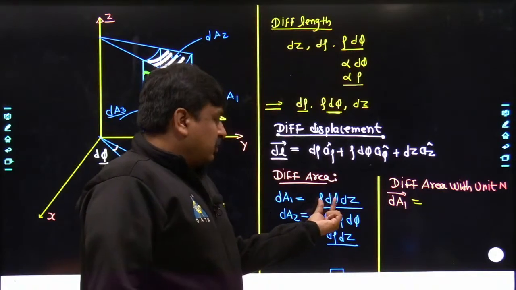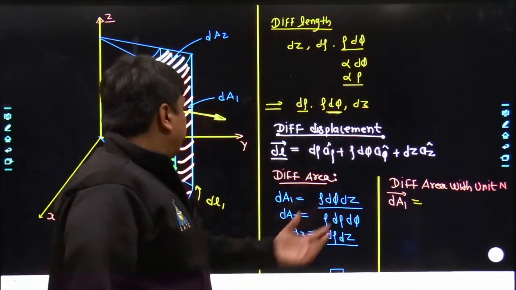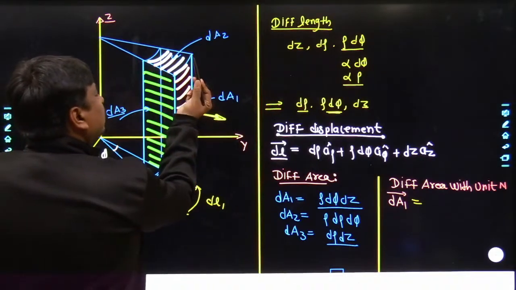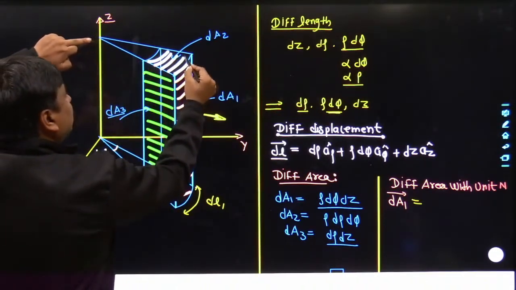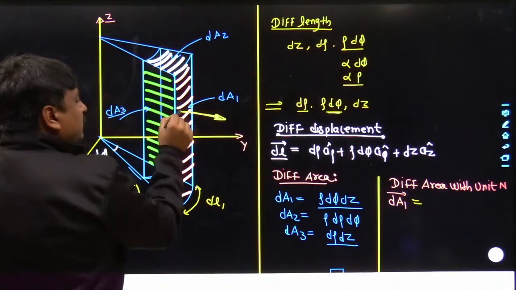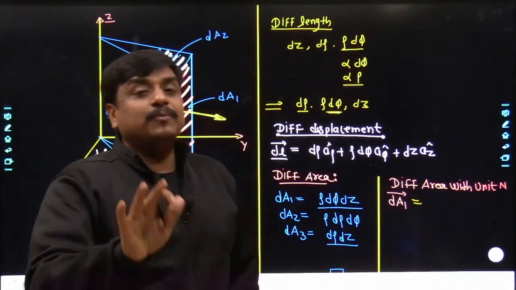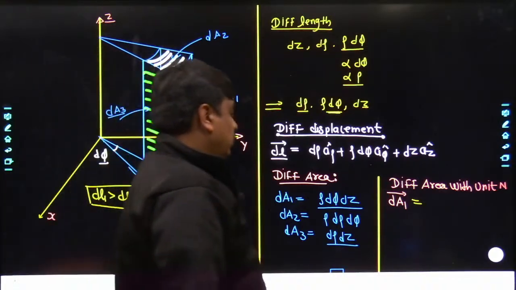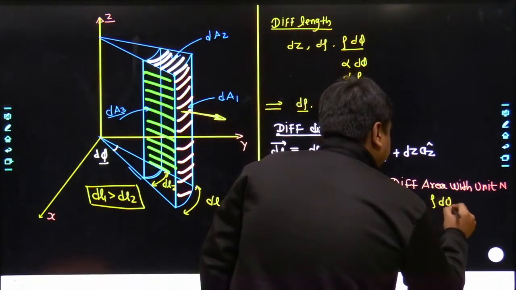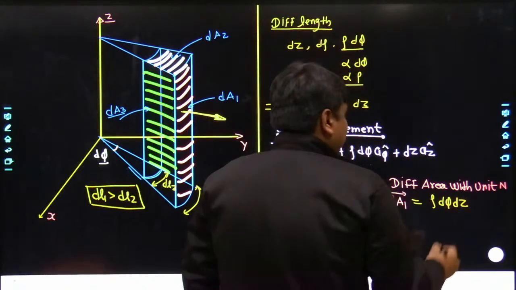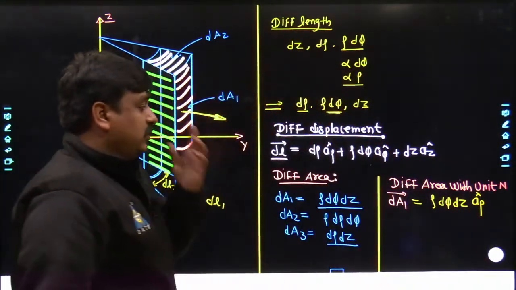There was a differential change in phi, a differential change in z, and in this complete differential surface there was no change in rho. You can see very well that rho was kept fixed. So in future, if you draw the normal over here, the component which was fixed becomes the normal. So here it becomes rho d phi dz, and here goes a rho cap. Here goes a rho cap.